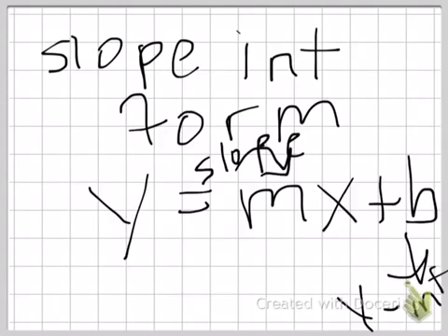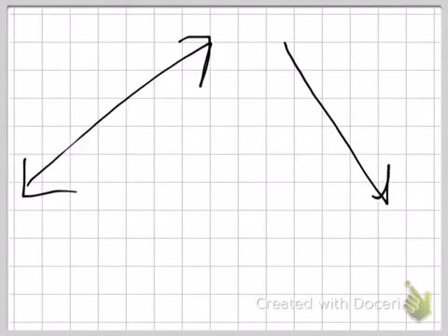So before we go on to graph, there are different types of slopes. Okay, so the different types of slopes are, this is a positive slope, because if we read from left to right, the line falls. This is a negative slope.